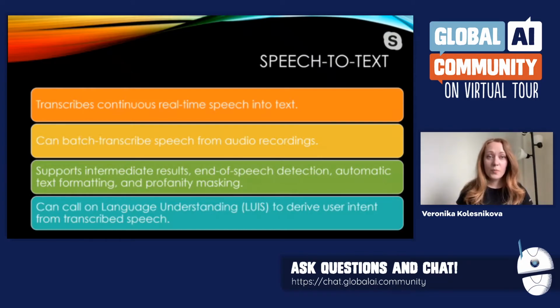It is also part of the cognitive services suite, and it is really nice to combine both speech to text and LUIS, because LUIS doesn't understand speech. So you need to convert speech to text and then pass the text to LUIS for LUIS to understand what the user wants, what kind of utterances there are, and what kind of entities are in the text.